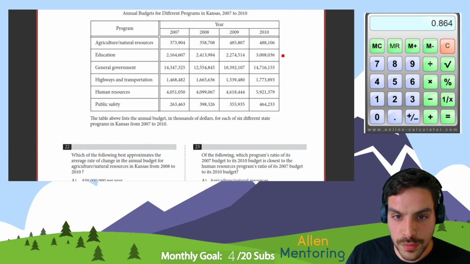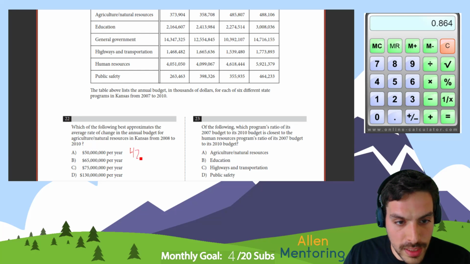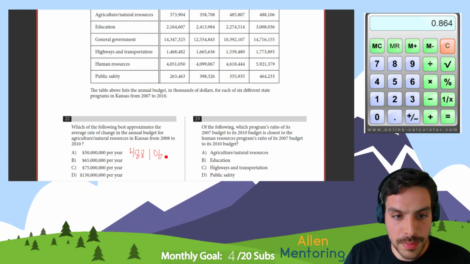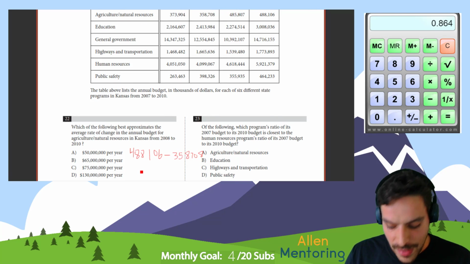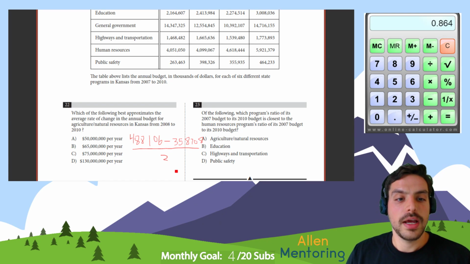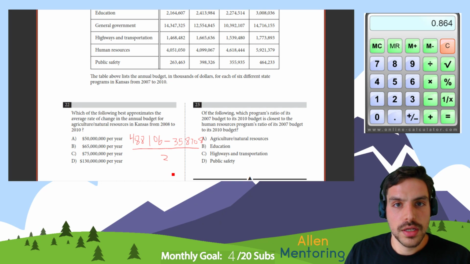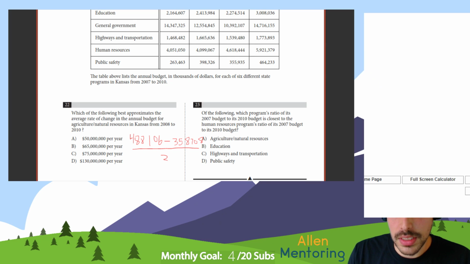So we want to do 488,106 minus 358,708, and we want to divide that by 2 because that's how many years passed. And this will give us the average rate of change from 2008 to 2010. So I have my handy dandy calculator here. So let's see.